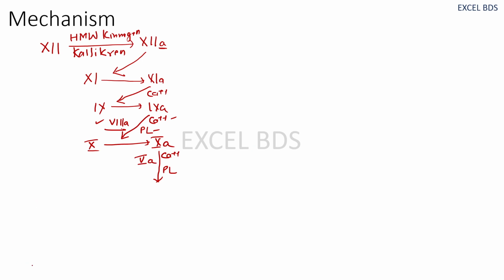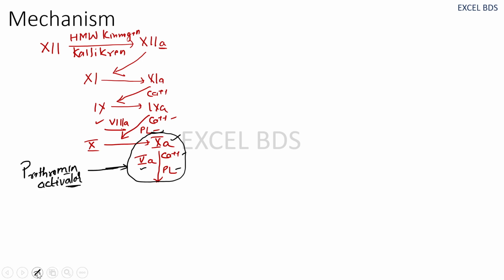Remember, all these things taken together, that is activated factor 10, activated factor 5, calcium, and phospholipid, is what is called the prothrombin activator. So what does that mean? It is going to activate prothrombin. So this was our intrinsic pathway.